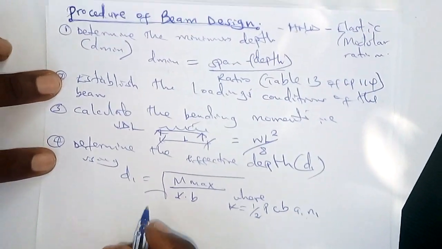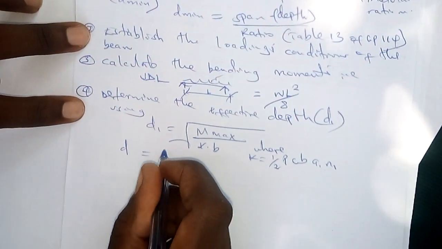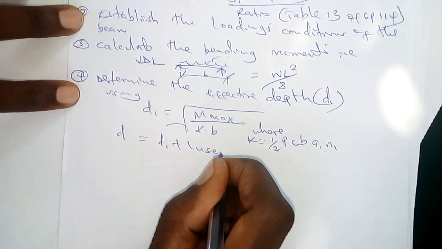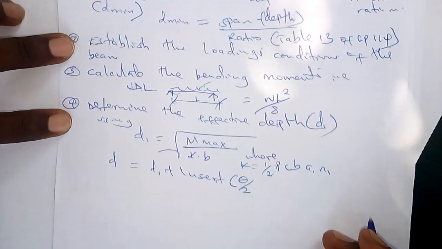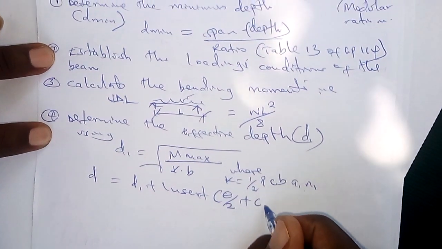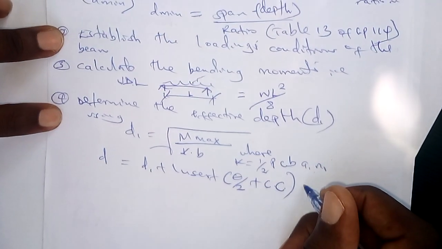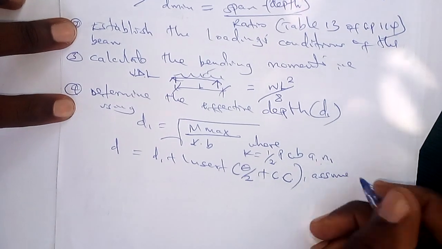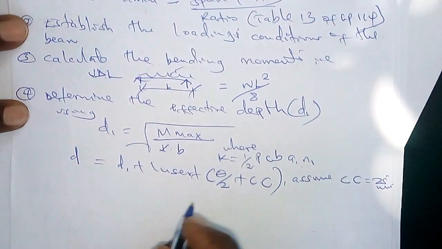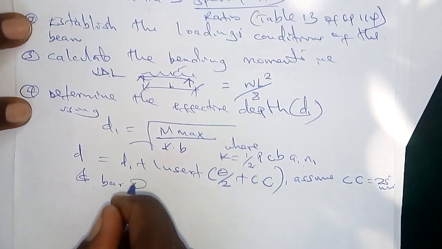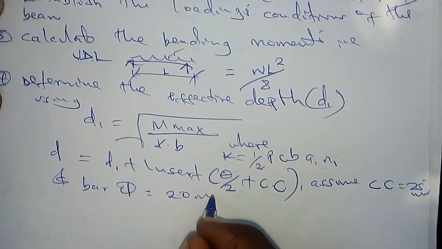Then we determine the overall depth D from the formula D1 plus insert, of which insert is half of the diameter, plus cc. cc is the concrete cover, and we normally assume cc to be 25 millimeters and the bar diameter to be 20 millimeters.